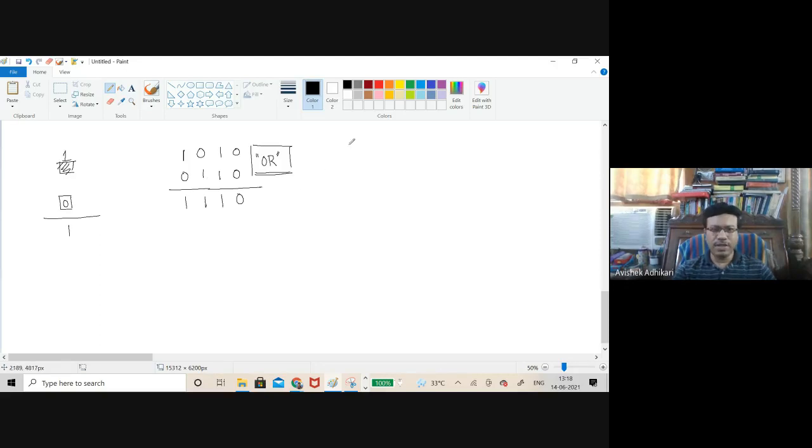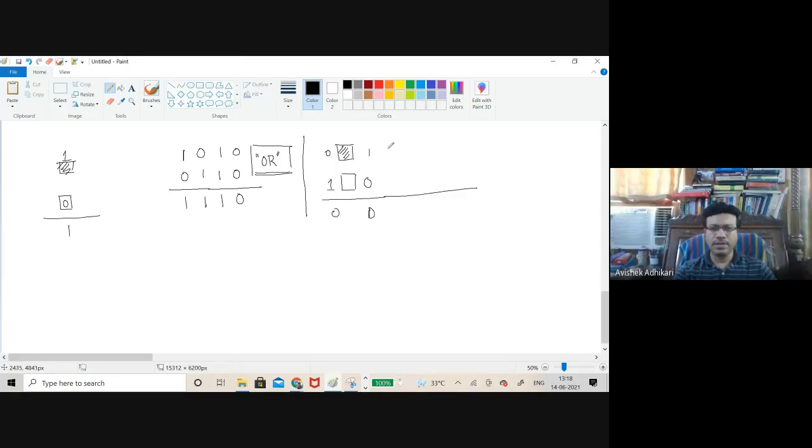Now the same thing could also be done if you consider black to be 0 and white to be 1. Then black, that means 0, with 1, 0, will give you 0.